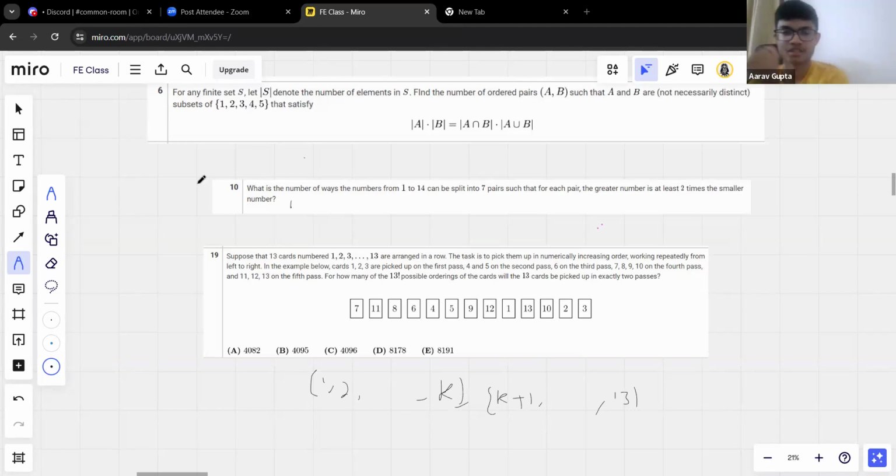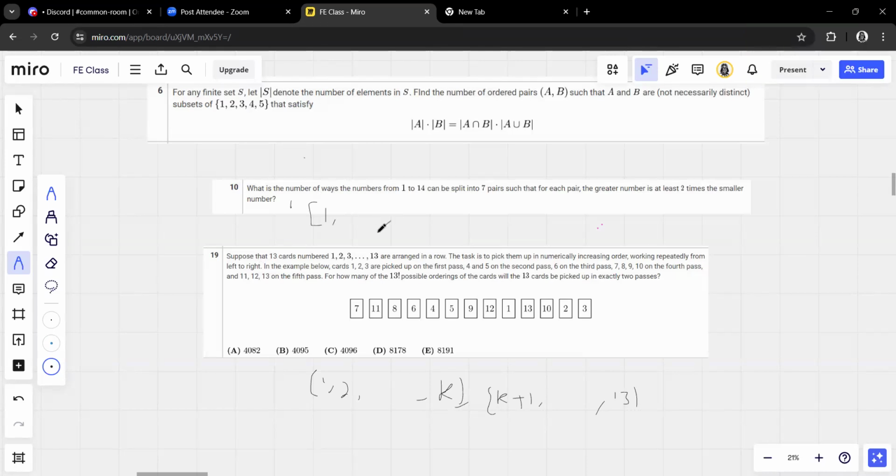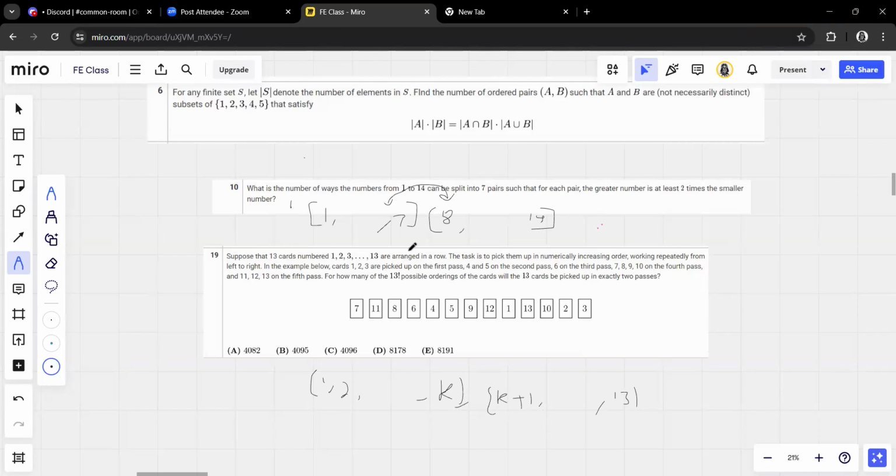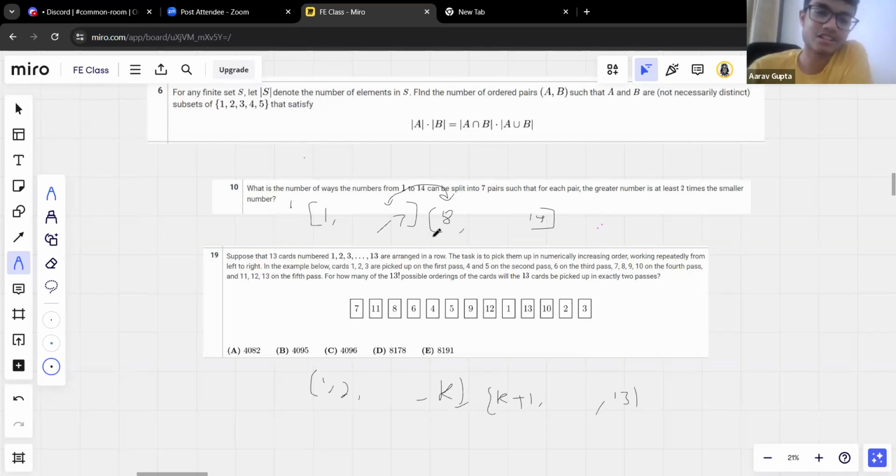So 7 basically must be connecting with 1 to 7, but then we will run out of cases for 8 to 14, because we have only 5 options in 1 to 7 and 7 options in 8 to 14. So you're saying these two sets are connected with each other, and they aren't connected within each other. Yes, the claim is correct, and your proof is also correct.